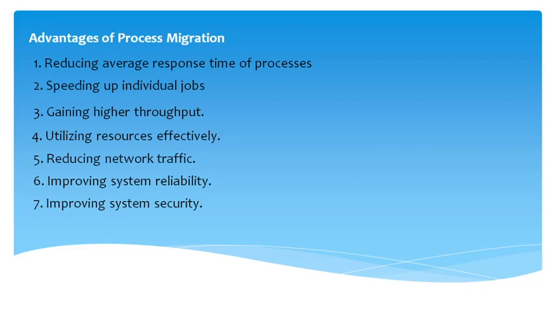The third advantage is gaining higher throughput. A system which does not support process migration is not fully utilized. Meaning if there is no process migration, then the CPUs in our different nodes are not utilized correctly.